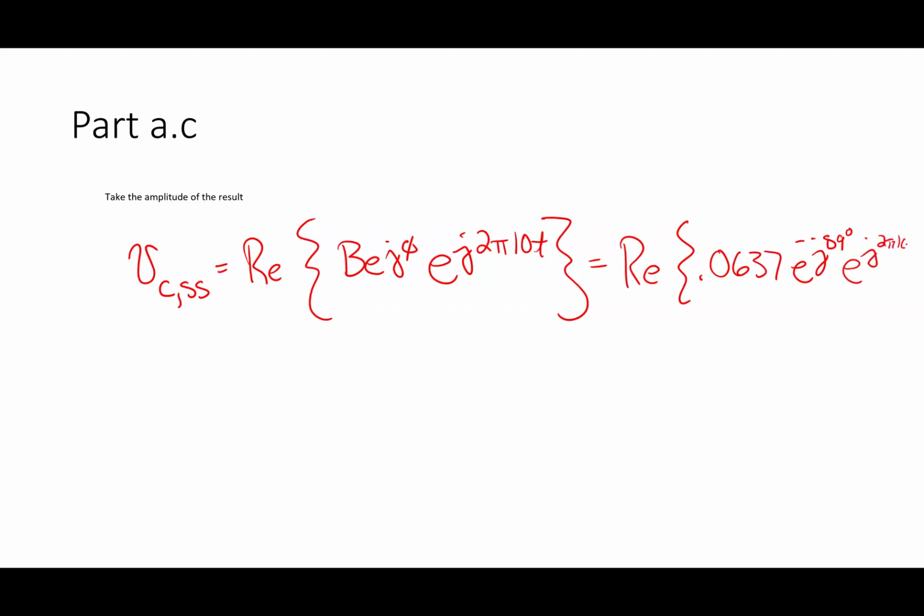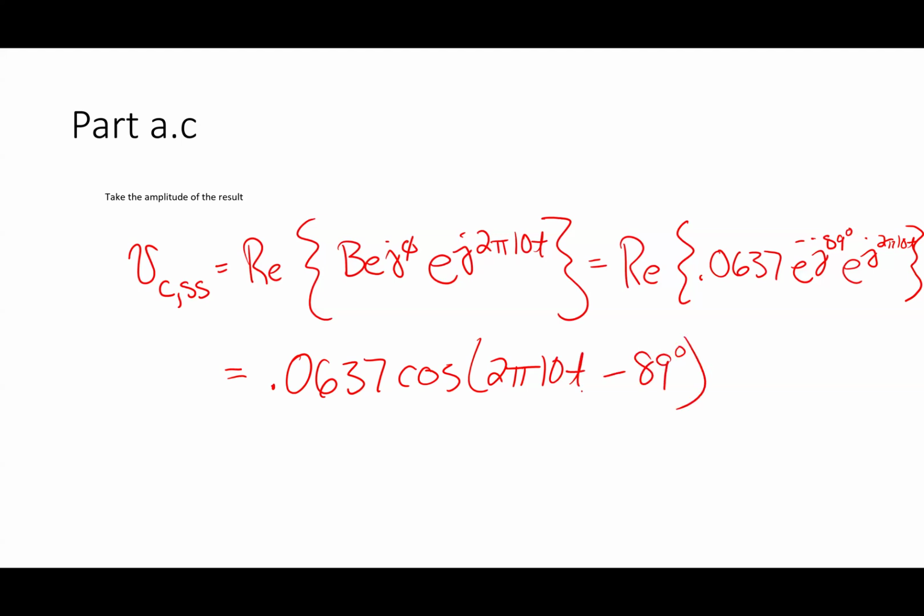So that becomes a cosine, right? How do I write that cosine? What's the amplitude of the cosine? 0.0637 cosine 2 pi 10t minus 89 degrees. That's what we end up with.